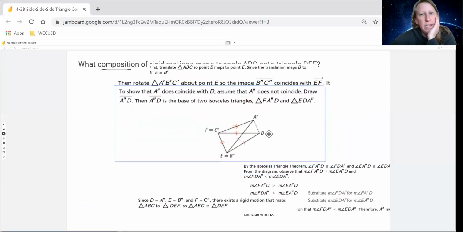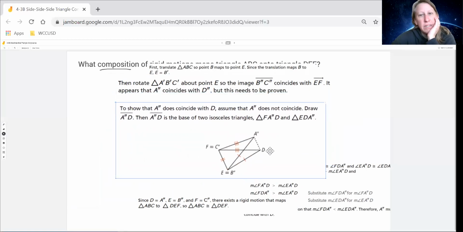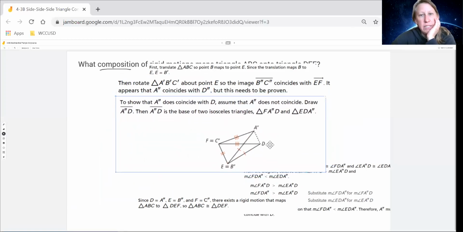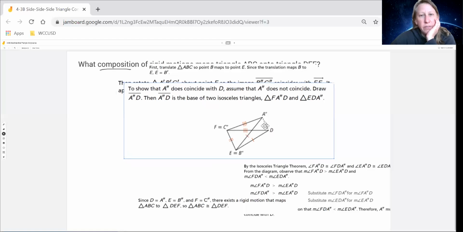After that, they did this complicated thing, which says, to show that A double prime does in fact match up onto D, we're going to pretend for a second like they don't match up. So pretend like this one is not exactly fitting on the other one, even though it's weird because we already know they fit.